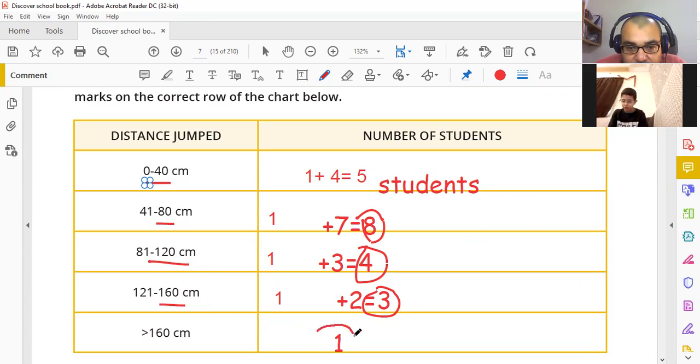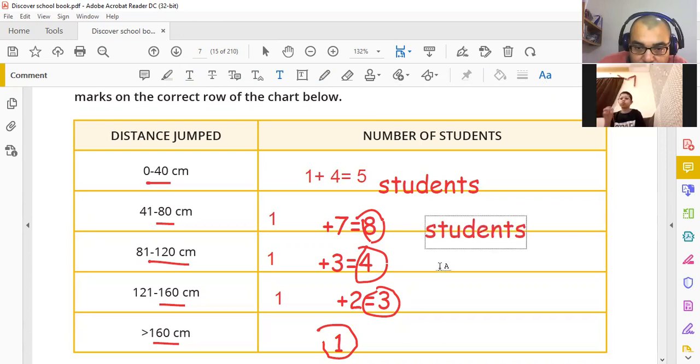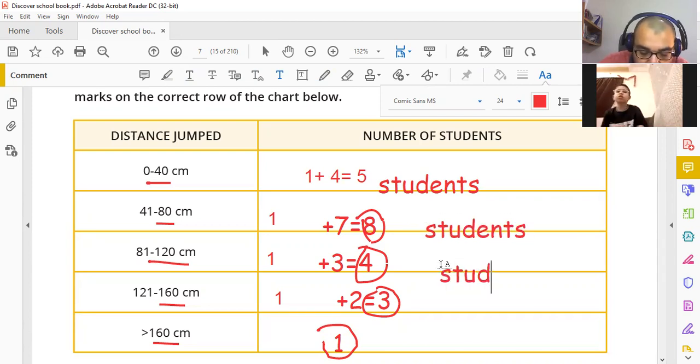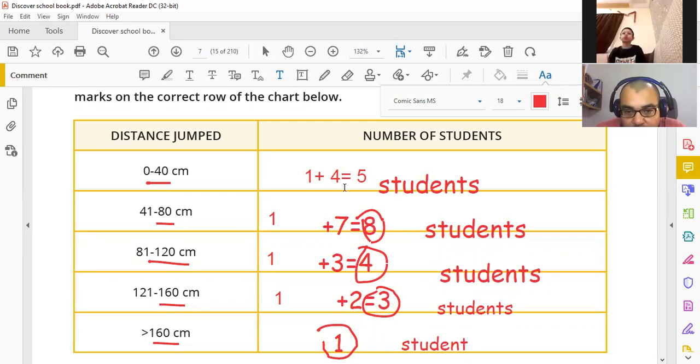We have only 1 student who can jump for 160 centimeters or more. These are the numbers of students. Be careful with these numbers because we are going to use them again.